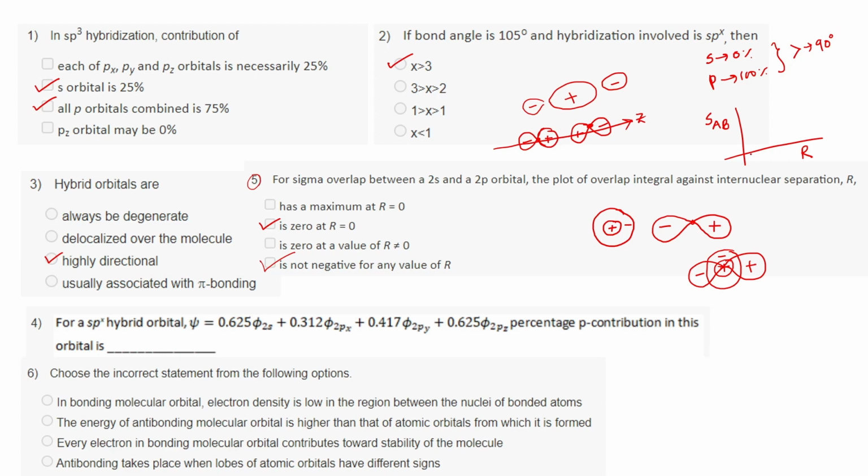But at a certain distance it is increasing, and this is the distance where the overlap is maximum. Then when you increase the internuclear distance, again it will fall like this, and at infinite distance or at some distance it will be 0. I hope this point is clear.